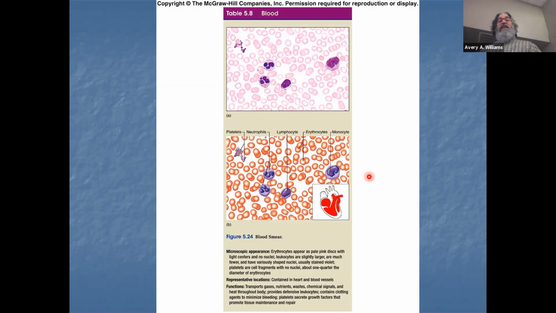Now, this is our last connective tissue, which again is a weird one. You know why it's in its own category. You commonly refer to it as blood, but in histology class, I don't call it blood. I call it vascular connective tissue, because it flows. But you think, how is it a connective tissue?